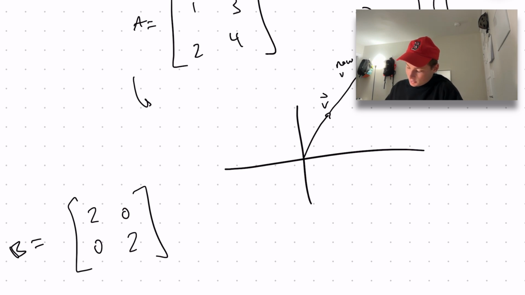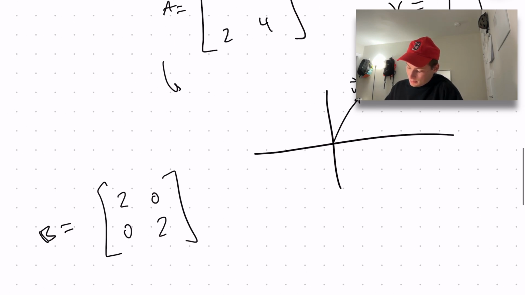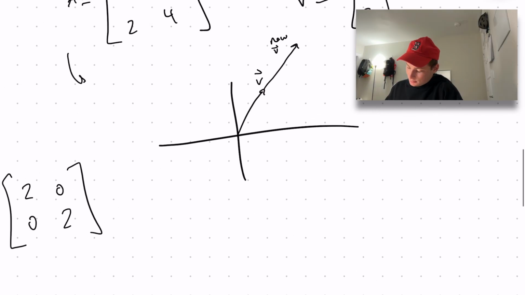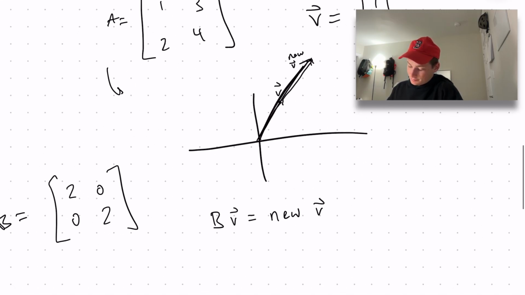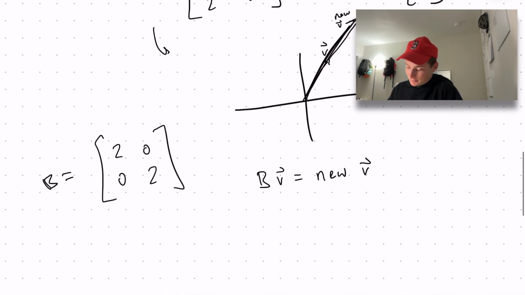So if this is the matrix B, B times v equals new v. And then it changes how it looks. Now new v is like this. So that is a linear transformation, and that word basically means transforming a vector, and it does something visually.